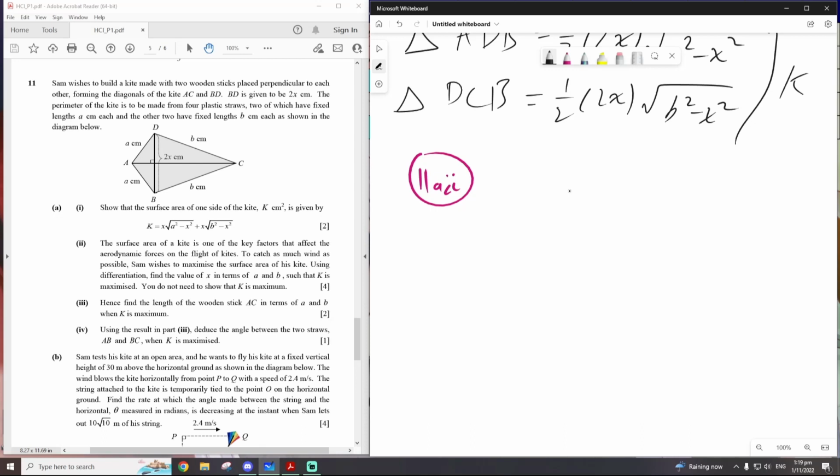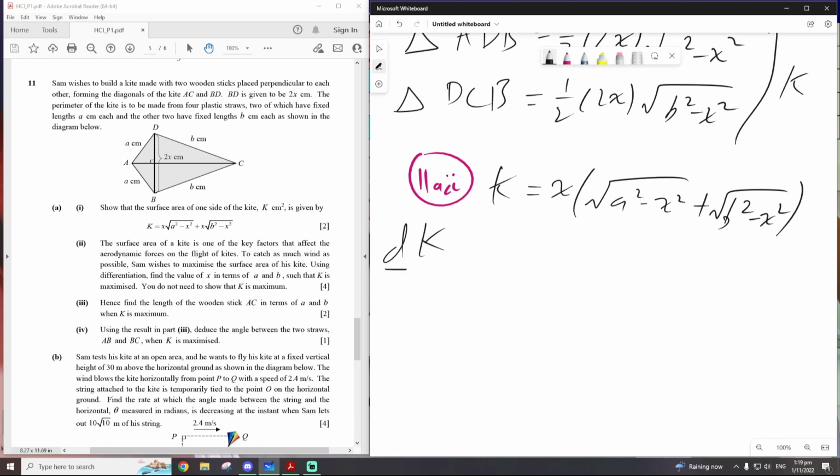I'm going to consider k equals x, factor out the x, and write square root of a squared minus x squared plus square root of b squared minus x squared. Okay, so what happens now? dk/dx. If I keep the x first... actually no, I will keep the bracket term first, because if I differentiate the x, it's just 1, so I get root a squared minus x squared plus root b squared minus x squared.